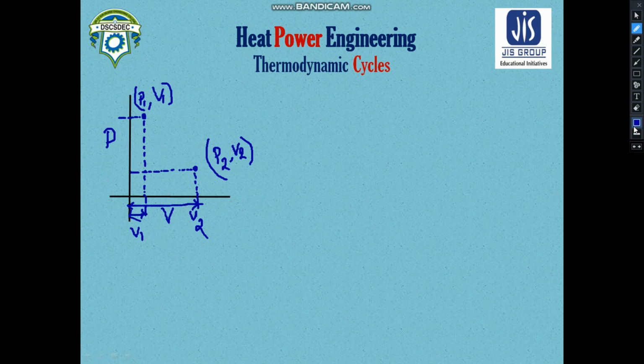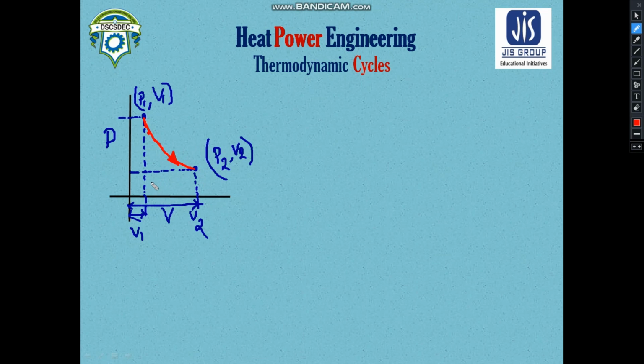Now if we try to understand this change of state, we can draw a curve like this, which indicates the change from state 1 to state 2. So this indicates a thermodynamic process has been carried out.